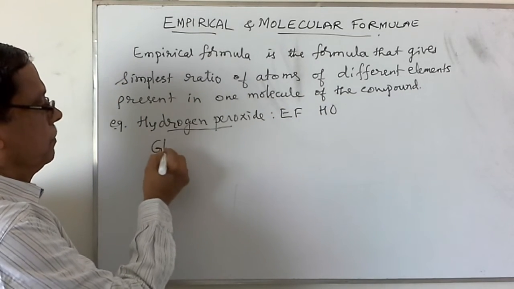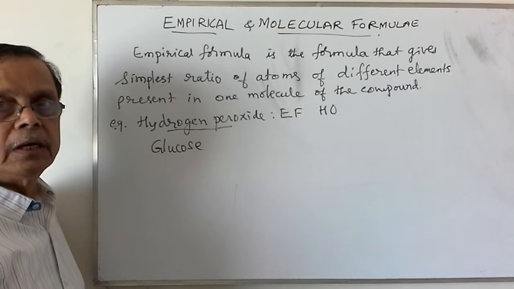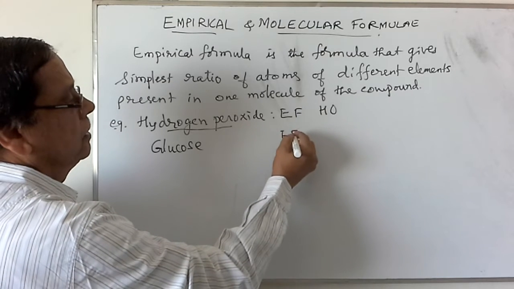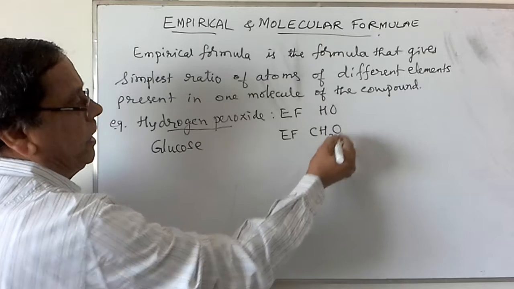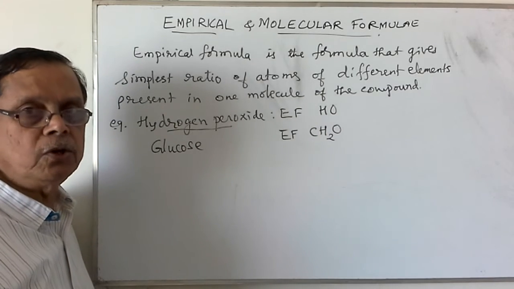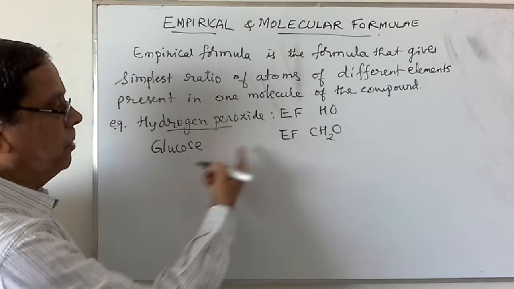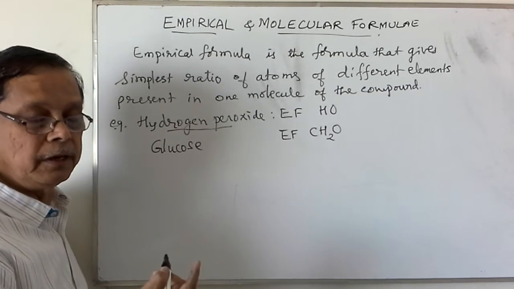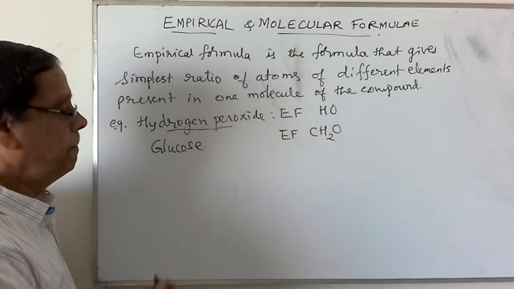For the carbohydrates like glucose, fructose, mannose, etc., the empirical formula indicates that the carbon, hydrogen and oxygen are present in the ratio 1:1 2:1. So the empirical formula of glucose, similarly mannose, fructose, etc., is indicated as CH2O.